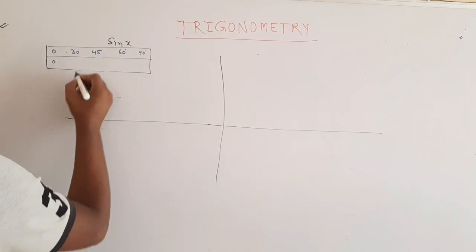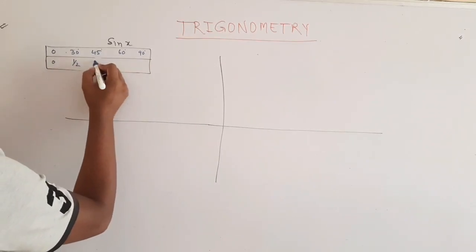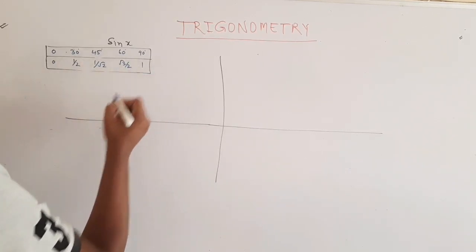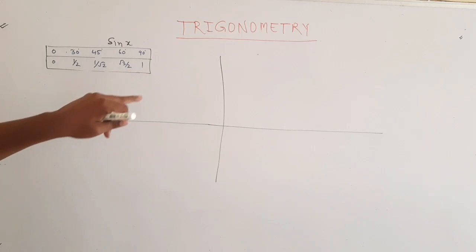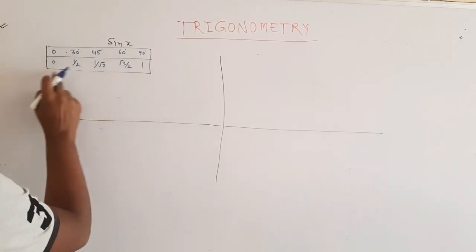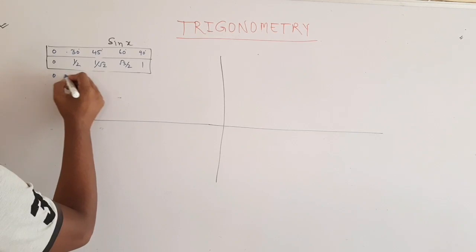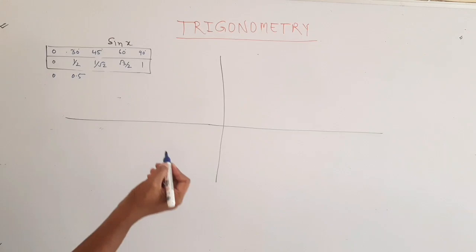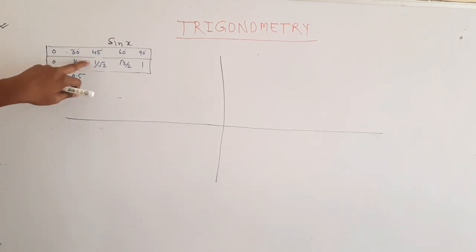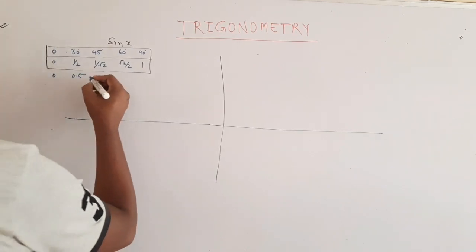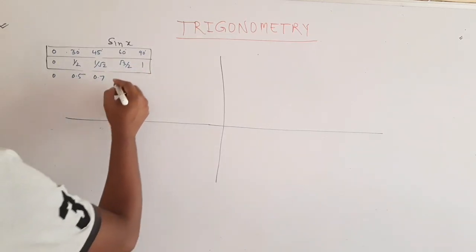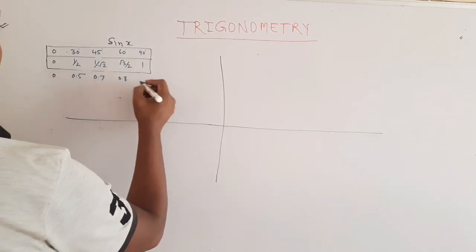So sine 0 is 0, sine 30 is half, this is 1 over root 2, this is root 3 by 2 and this is 1. If I express these values as decimal fractions, 1 by 2 is 0.5, 1 by root 2, if you rationalize it by multiplying up and down by root 2, you get root 2 by 2, that is 1.4 something divided by 2, that is 0.7 or so, and this is 1.732 by 2, about 0.87, and this is 1.